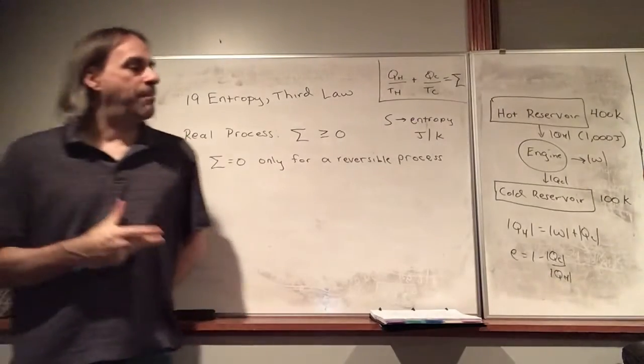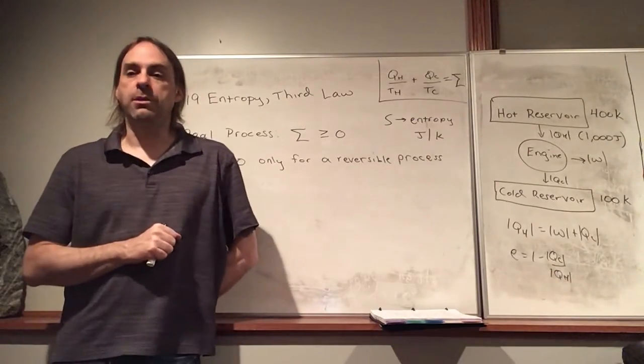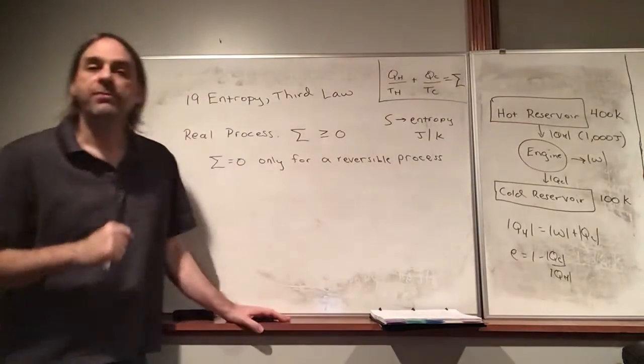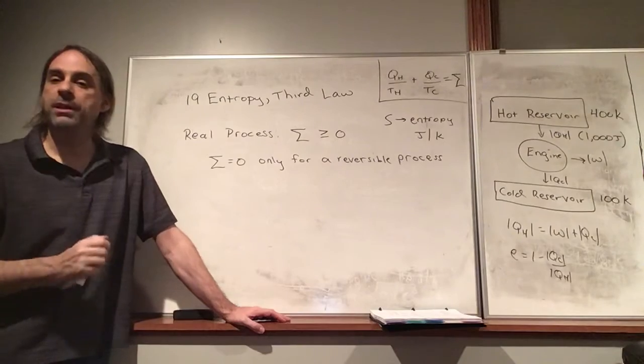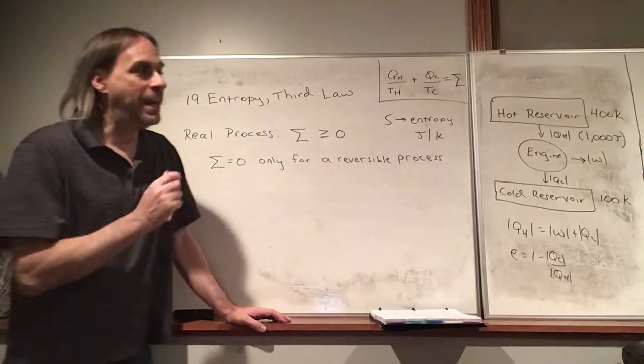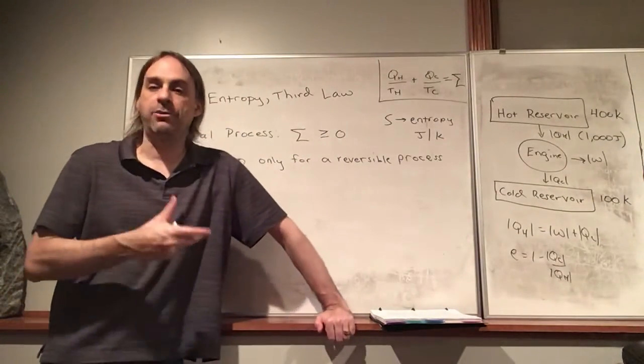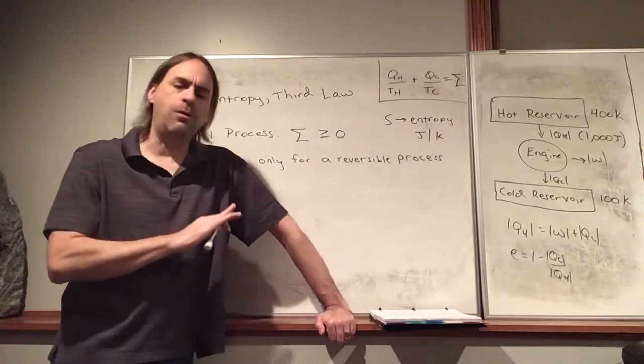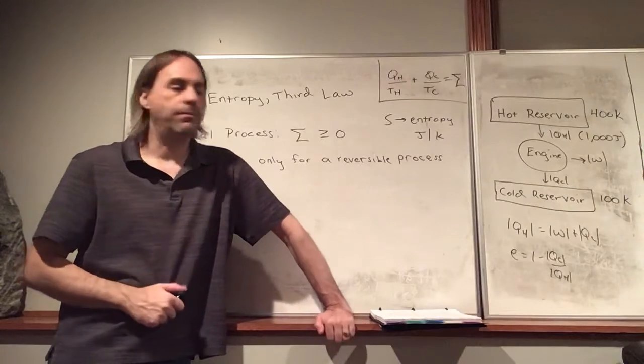Now, entropy depends on the state of a system. So what we're looking at is changes, but entropy itself only depends on the state of a system, and it's actually possible to define the entropy of a system, like to give a definition of how you could calculate it. But we're not going to do that in this class.